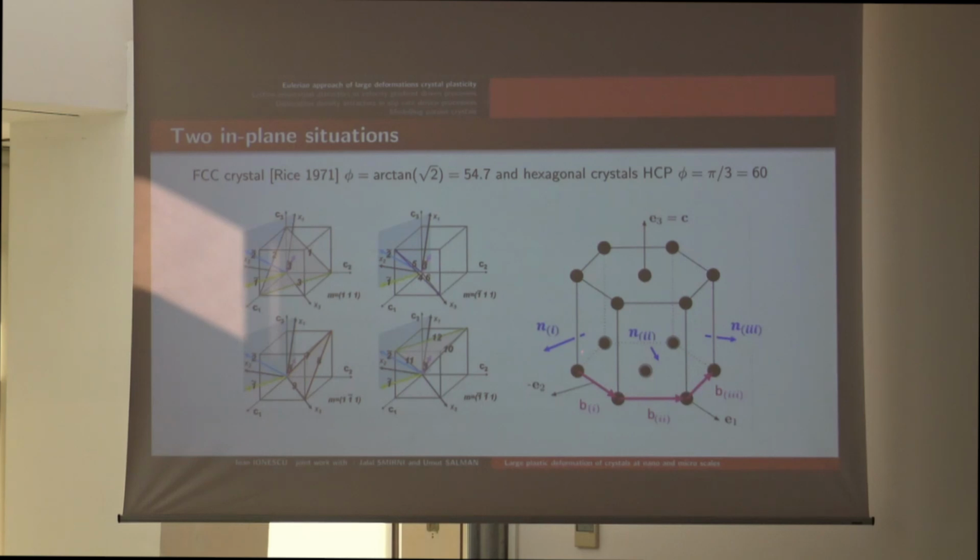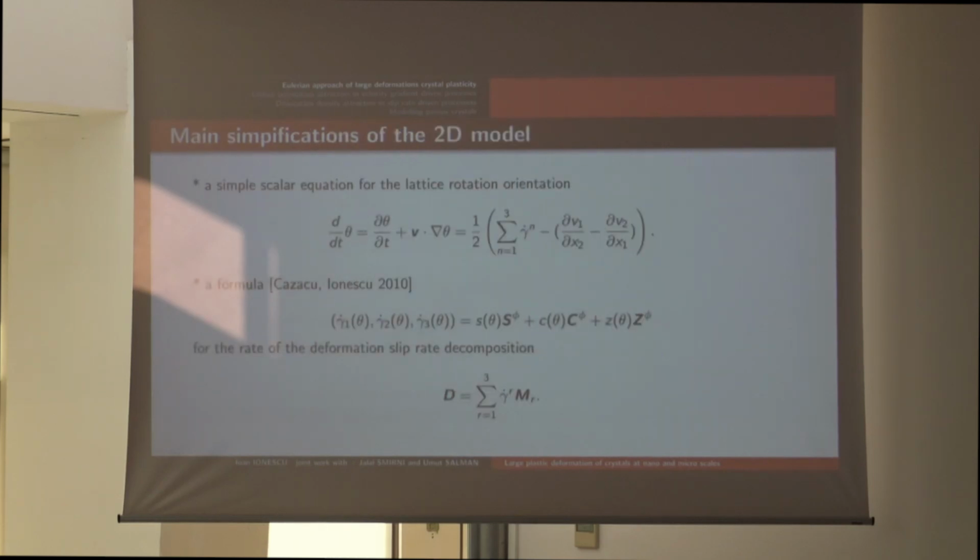Or you have the hexagonal crystal, which is more simple. For the first case the angle phi is around 54 degrees, and for this one it is 60 degrees.